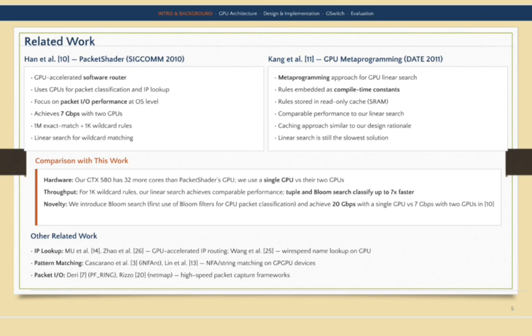The main contribution of this paper is the introduction of Bloom search, which uses Bloom filters to reduce unnecessary searches and improve performance. The results show the proposed approach achieves high throughput and better efficiency than previous GPU-based solutions while using only a single GPU.